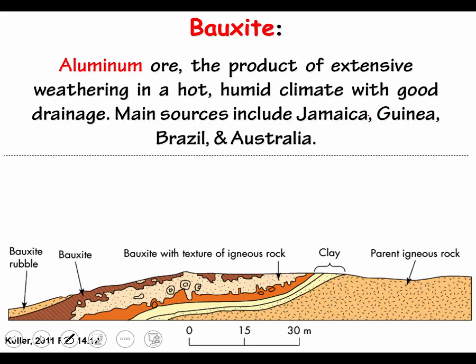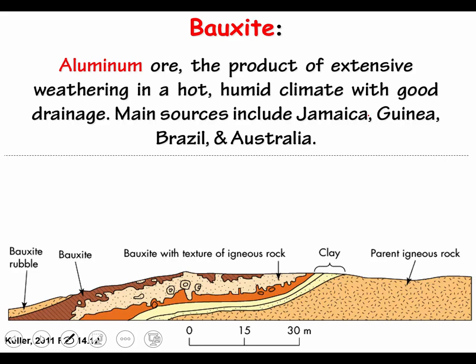Now, another process is weathering. Okay, if you remember, I said that aluminum is mainly in feldspars, and in a really hot, humid climate, you can actually dissolve out the silica. Basically what's left is an aluminum oxide.